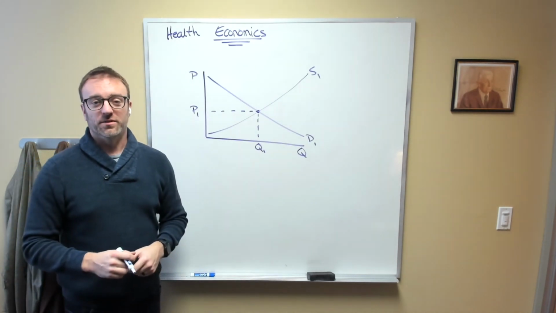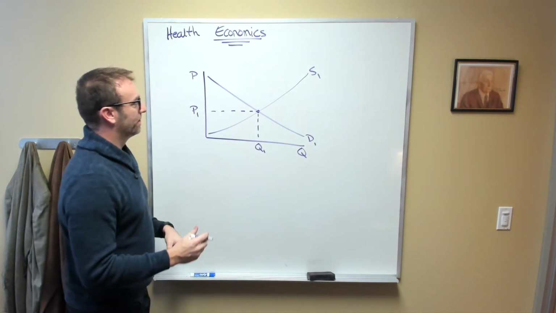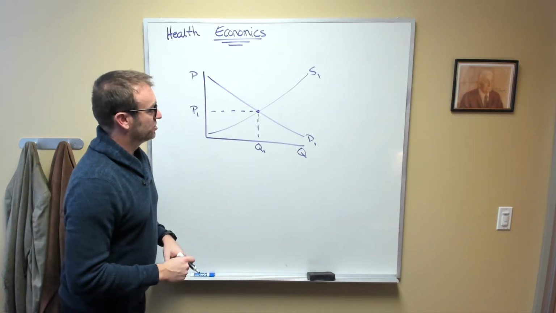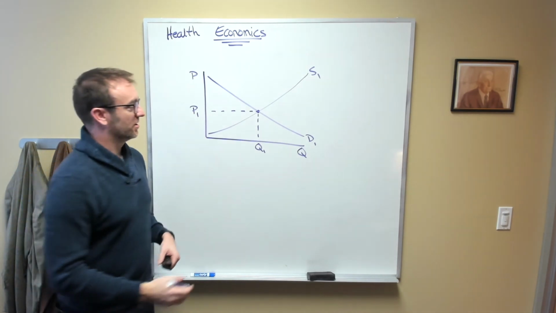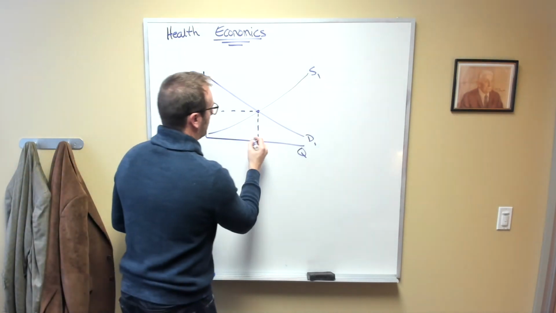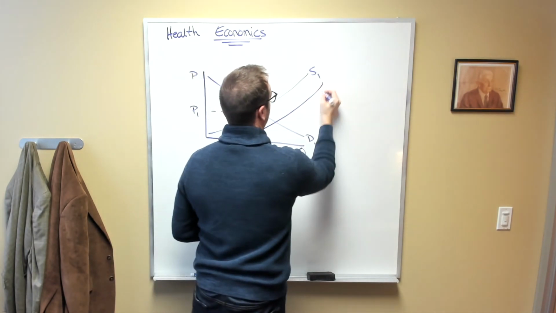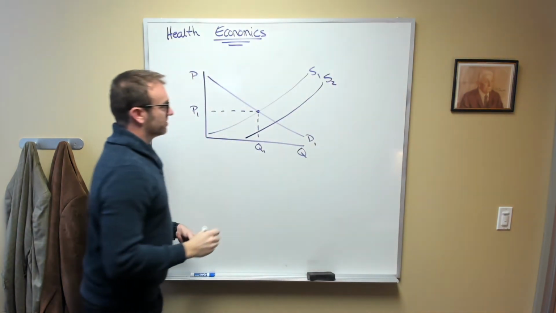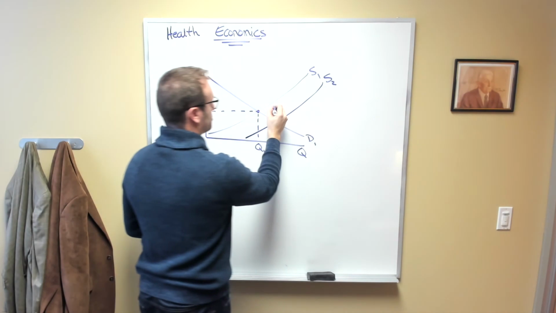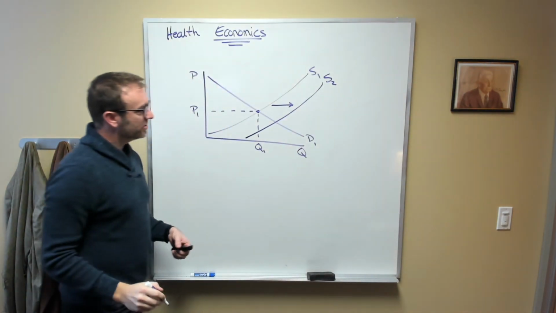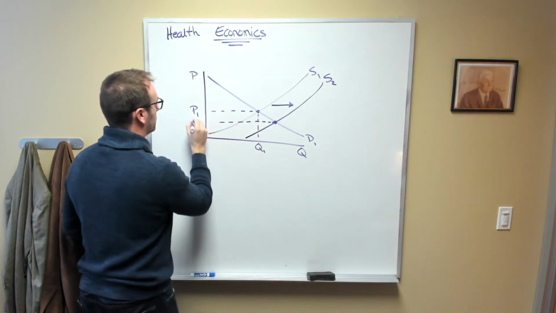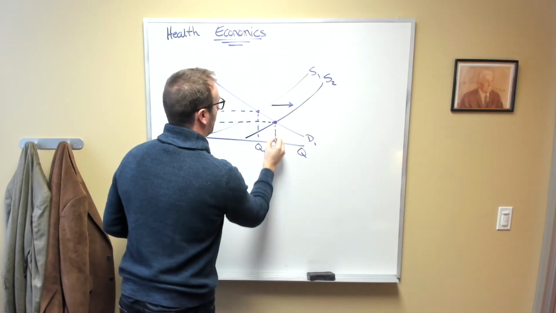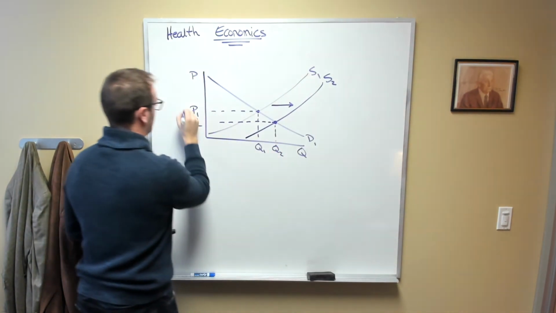But pizza companies typically have a machine to do that. And so, with the advent of this machine, it is now easier for pizza companies to produce pizza. We would represent this by an increase in the supply. Okay, so if the supply curve increases, we just shift that curve to the right, and this will result in a lower equilibrium price and a higher equilibrium quantity.